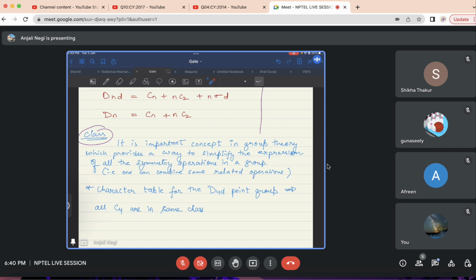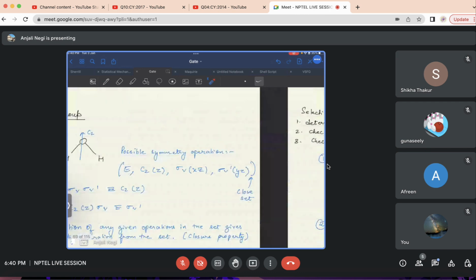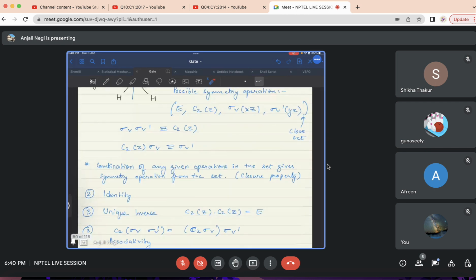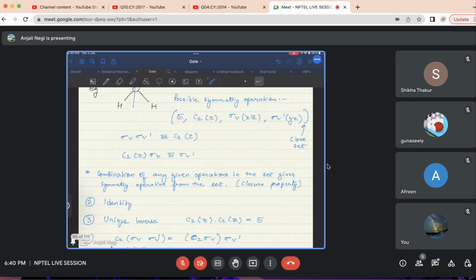For example, in water molecule I have just shown you that if I do these two, so I am getting sigma v prime, and if I am applying sigma v prime, so I am getting C2 axis.